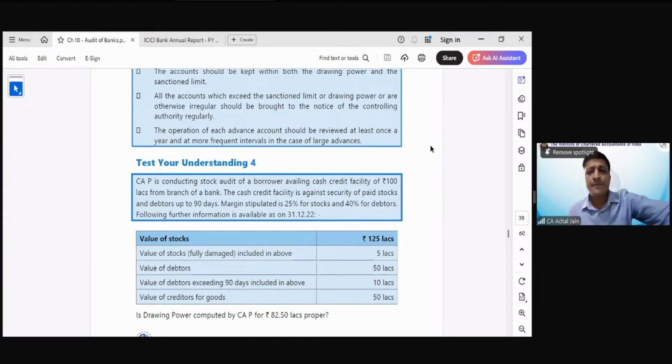Anyone else who has computed this? You can share your answer.